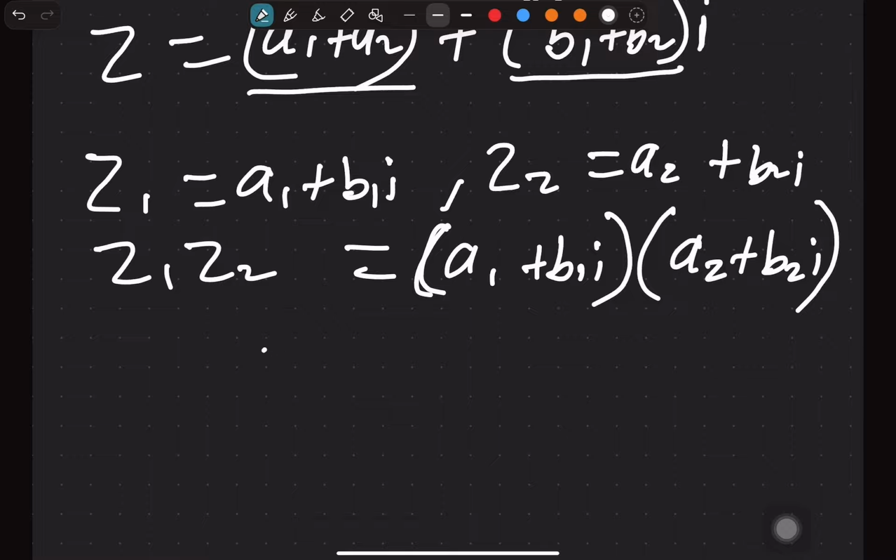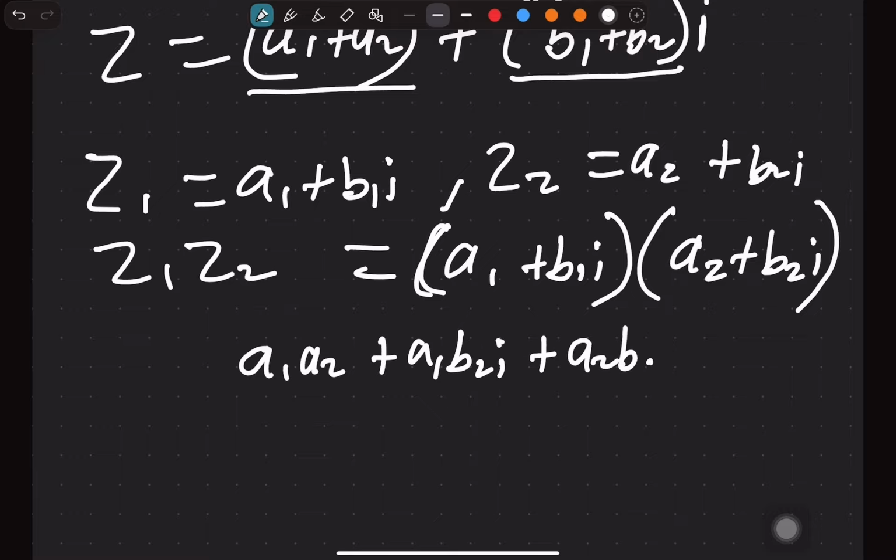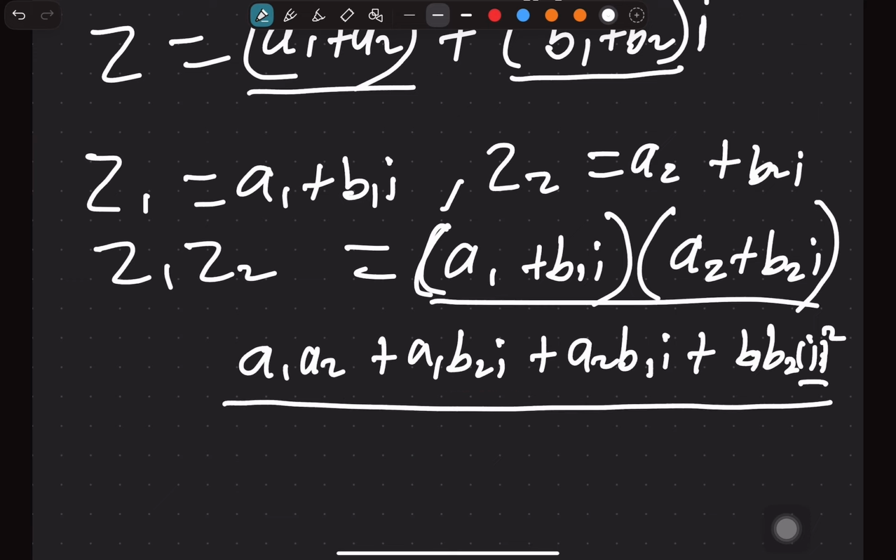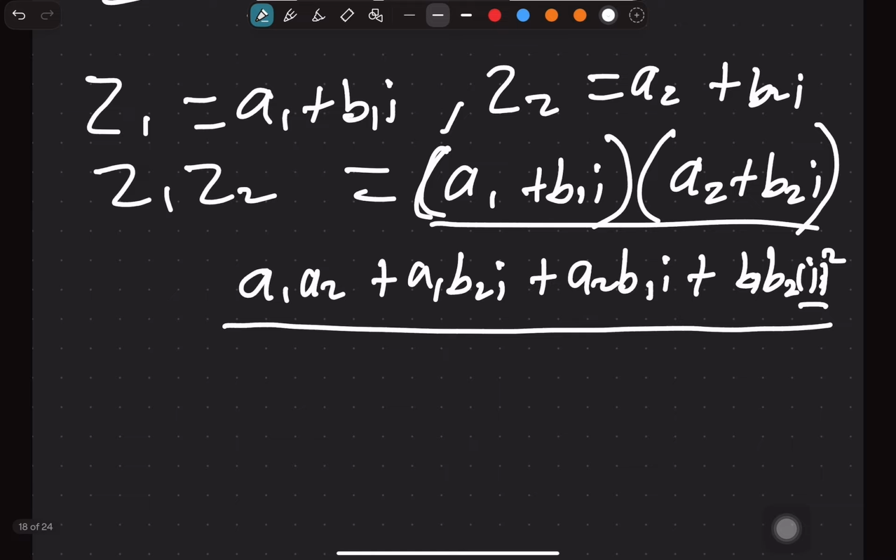So we'll be having something like a1a2 plus a1b2i plus a2b1i plus b1b2i squared. Now we'll be looking at the powers of the imaginary unit very soon, then we can use it to complete this expansion. From basic algebra, this is how an expansion of this will look, representing the multiplication of two complex numbers.